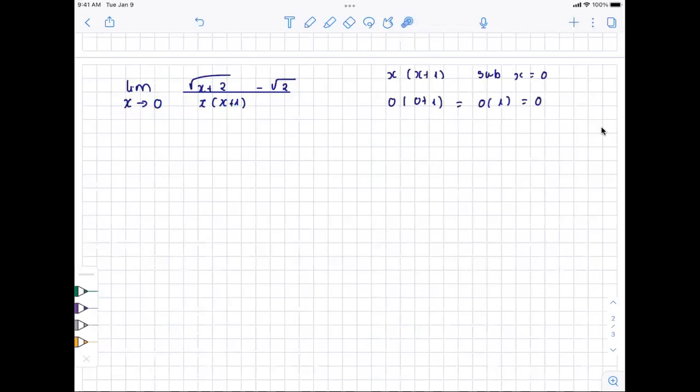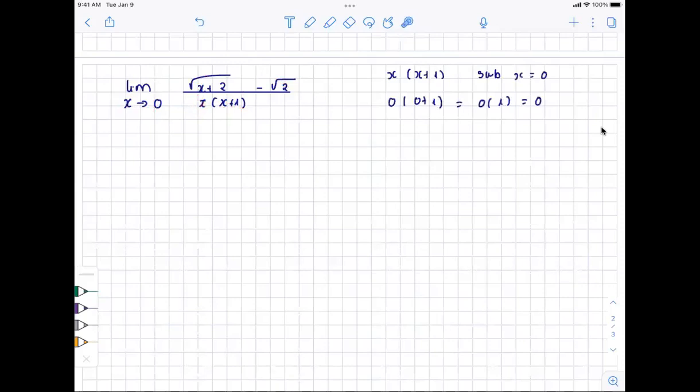So there's a method that we call rationalization that you probably already read about. What we want to do is find a way to eliminate this x, because this is the problem here. This is fine, but this one is the problem.